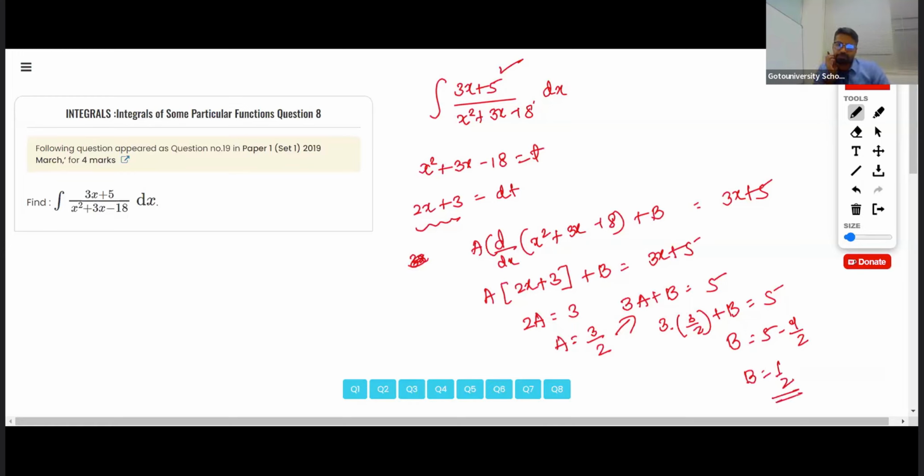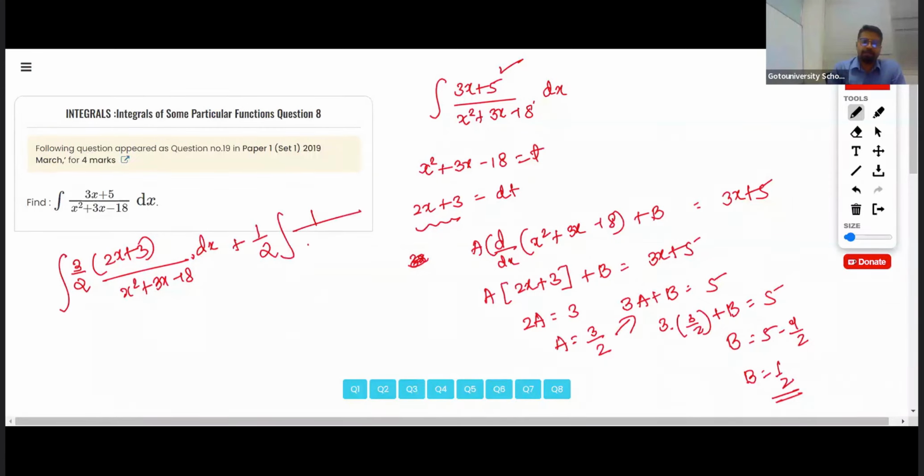Now we can write the given integral as 3 by 2 times integral of 2x plus 3 by x square plus 3x minus 18 dx plus 1 by 2 times integral of 1 by x square plus 3x minus 18 dx.